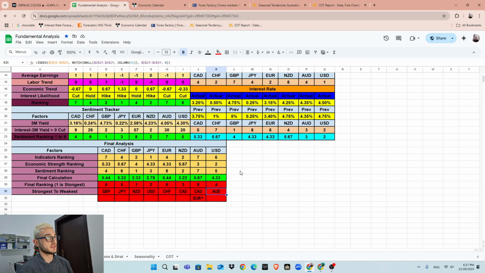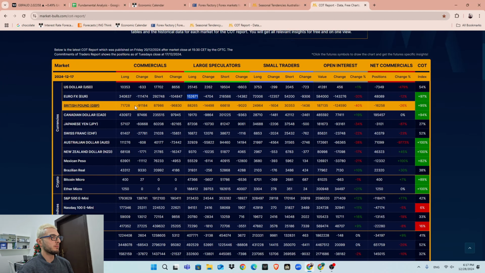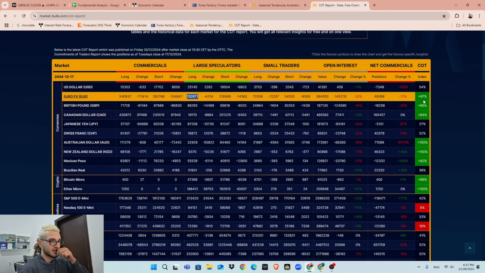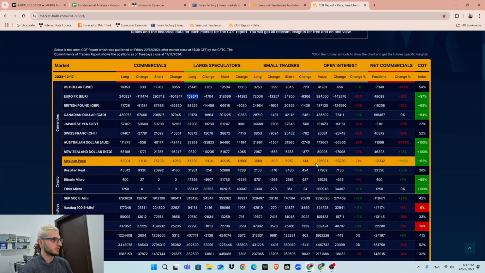Then we go to the COT data. Pound right here, long positions are taken out and short positions are taken out, the net positioning is still bullish, and the index is giving me a long position on the British pound.